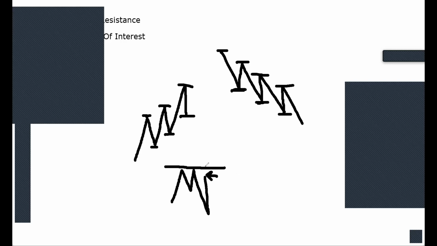If it hits the resistance, based on your previous examples, every time it hit the resistance, what happened? It goes back down. So why would you take a buy in this area? So I would take the sell. I wouldn't do nothing at all. I would wait.